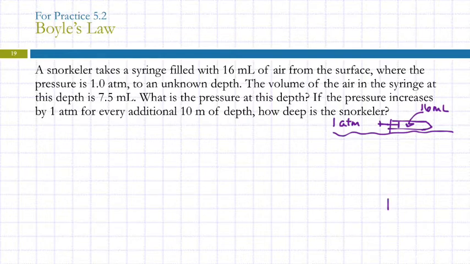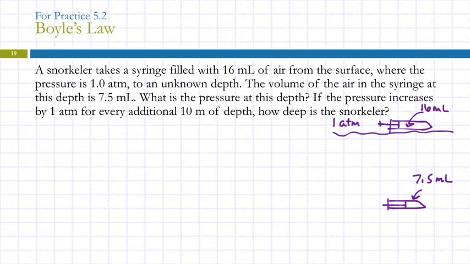So we get the syringe down here, and now the volume is less. The volume down here is only 7.5 milliliters. You can do that with a syringe just by pressing on the plunger, it's got to be sealed at the end, and you can push it in, right?